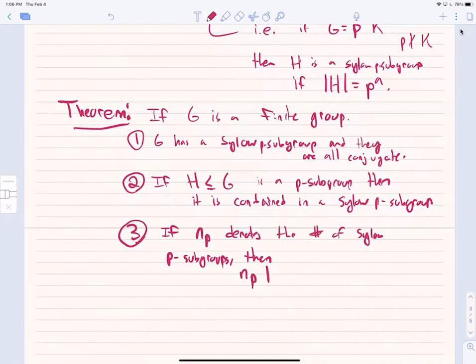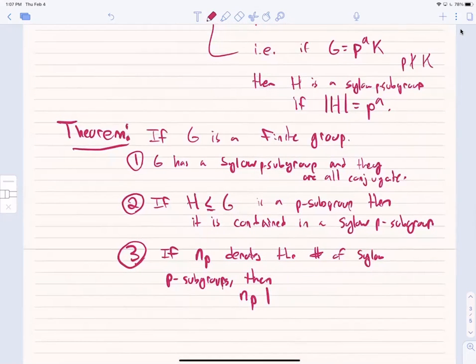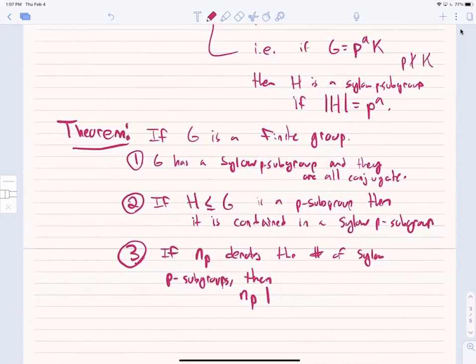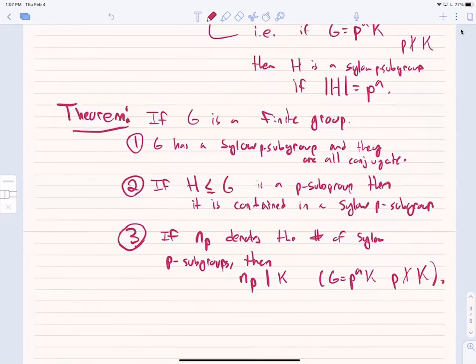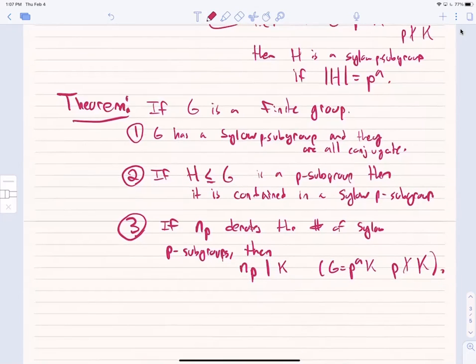N_P divides the order of G. Sorry, it divides the order of G, but more precisely it divides K, where G has order P to the A times K, just above, with P not dividing K. So it divides the co-prime part of the order. And N_P is congruent to 1 mod P.